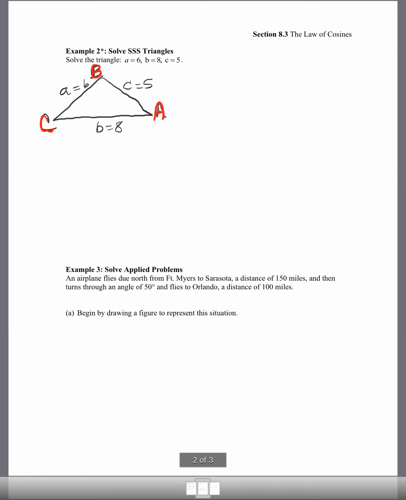remember our formula tells us that if we're going to use angle B, then we need to know B squared.